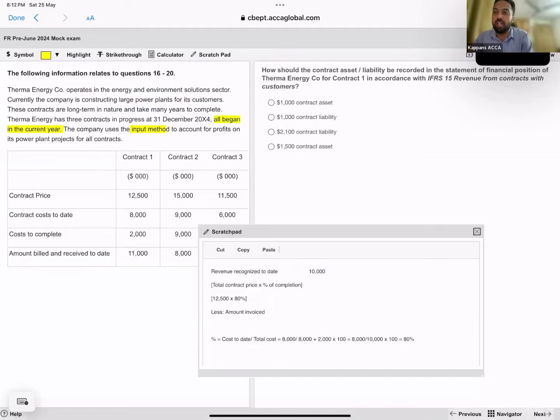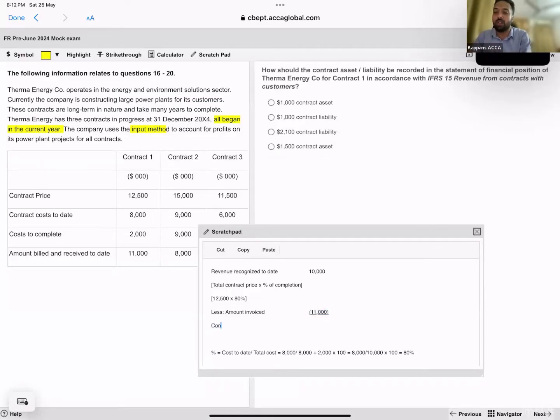So revenue recognized to date is $10,000 and the amount invoiced is given in the question. Amount billed and received to date with respect to contract 1 is 11,000. So revenue recognized to date 10,000 less amount invoiced 11,000 is negative 1,000.